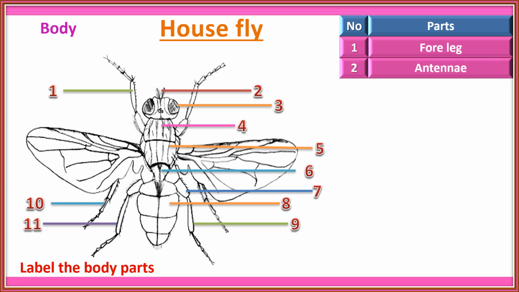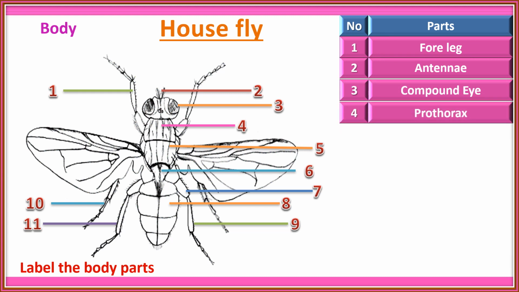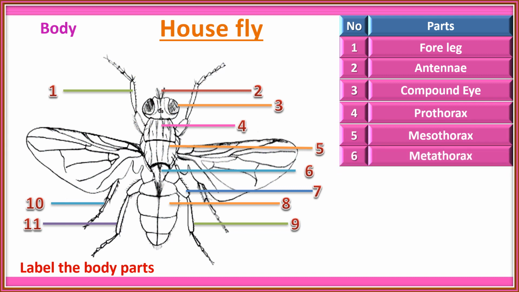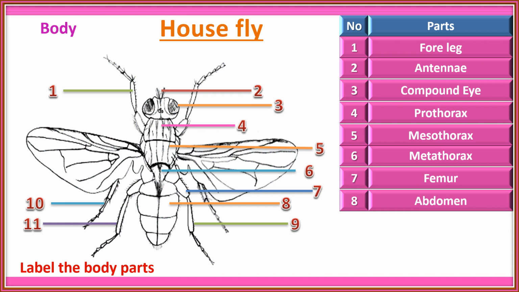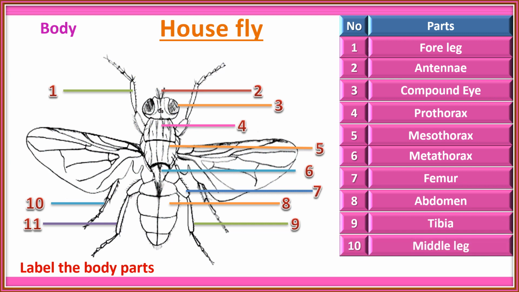Part 2, the antenna. 3, that's the compound eye. 4, the prothorax. 5, mesothorax. 6, metathorax. 7, that is the femur. 8, the abdomen. 9, the tibia. 10, mid leg. And 11, the hind leg.